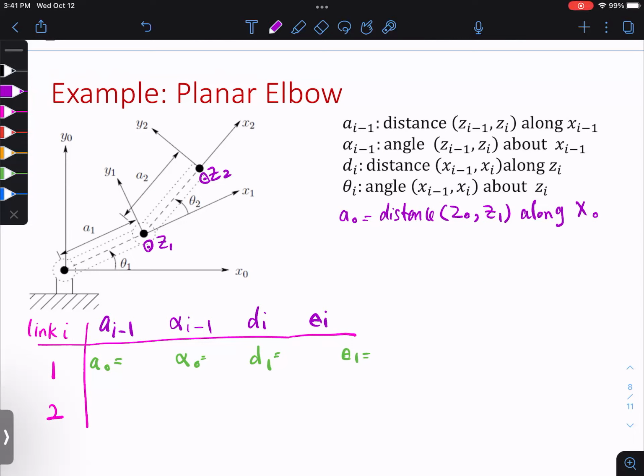Now, what's the mutual distance between your Z0, this axis, your base frame, and your Z1? What's the perpendicular distance between these 2? It's a_1, right? That stays the same.